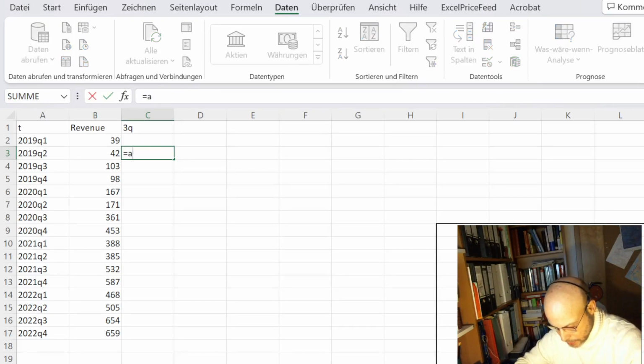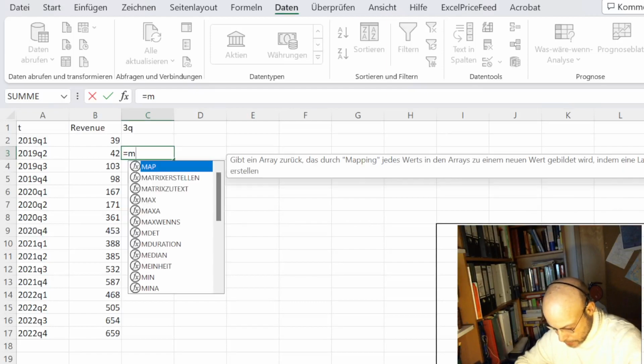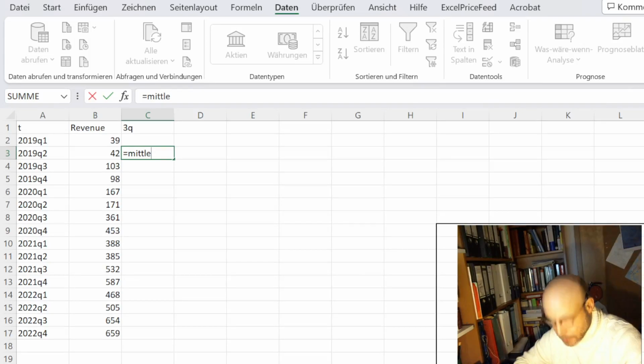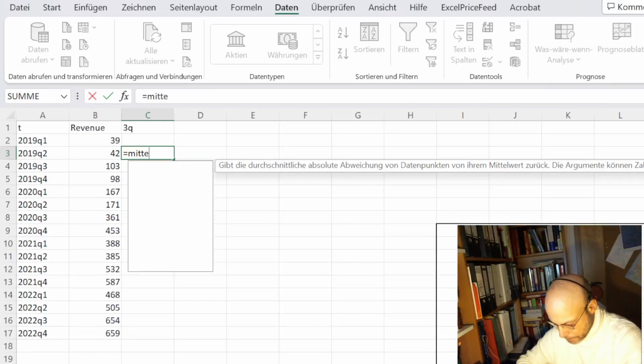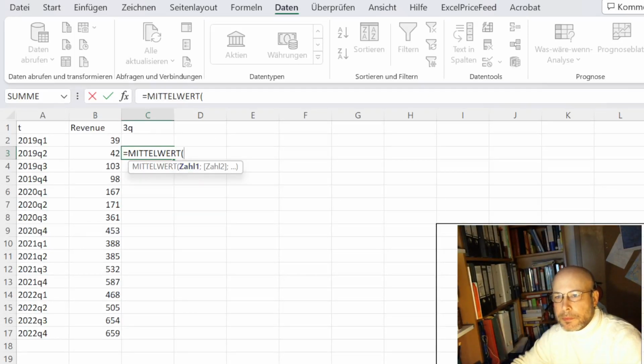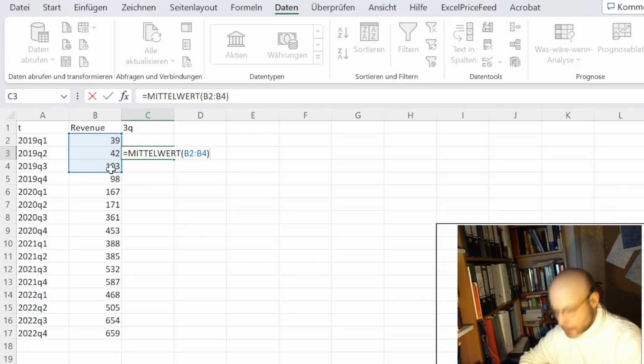So equals the average of our 3 quarters.